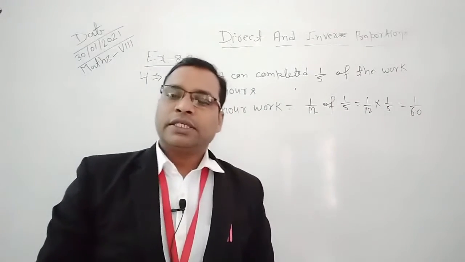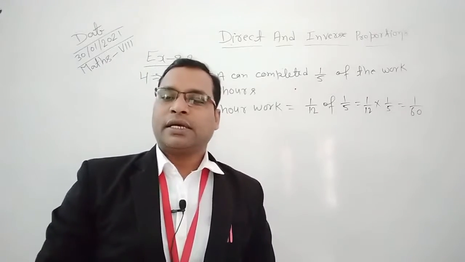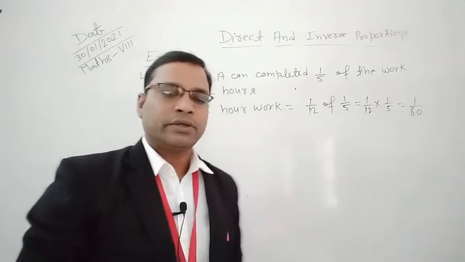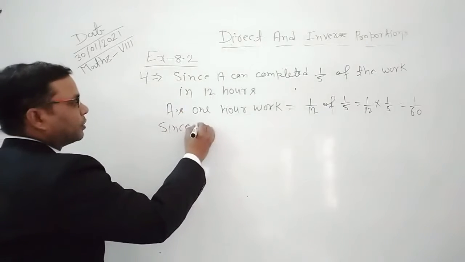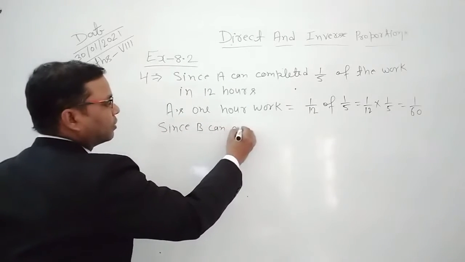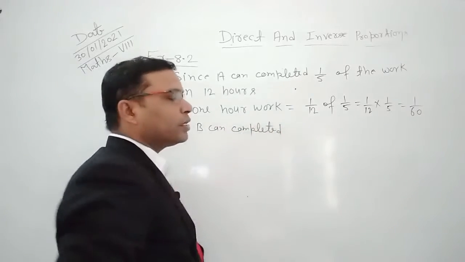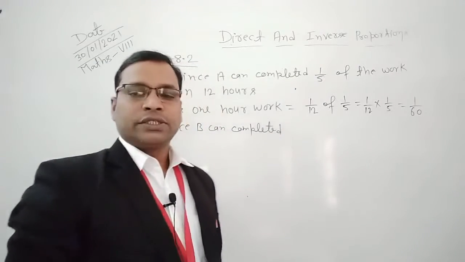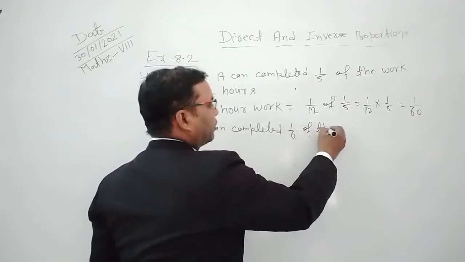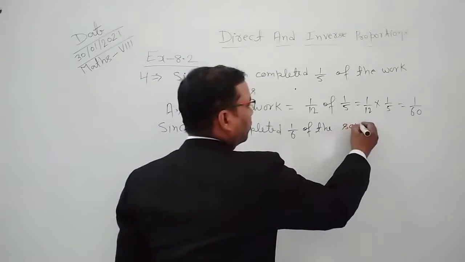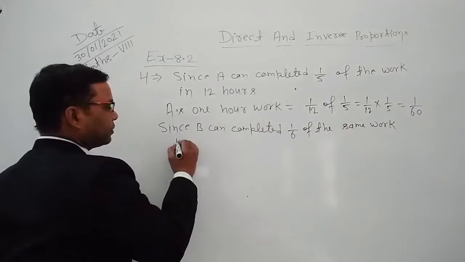Now, in terms of B, since B can complete 1 by 6 of the same work in 15 hours. Okay? So since B can complete how much work? 1 by 6 of the same work in how many hours?